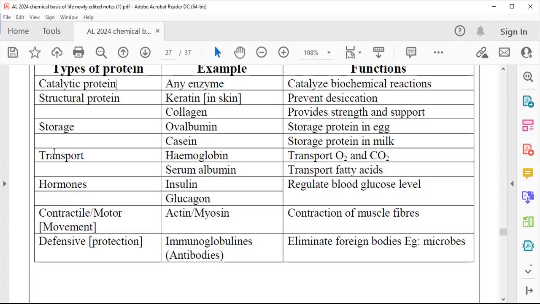Fourth one, transportation function. Fifth one, hormones. In brackets, write down signaling molecules. Hormones are signaling molecules.